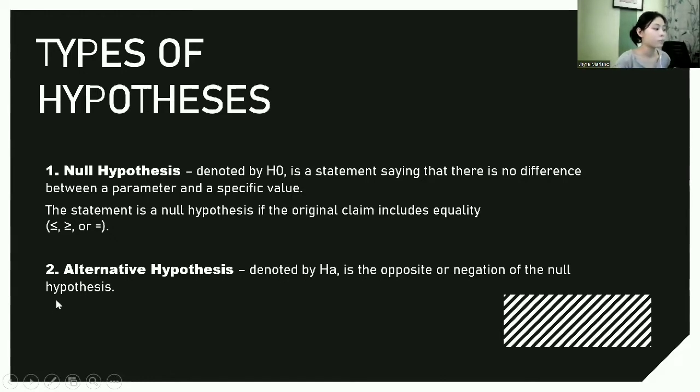So, itong alternative hypothesis, kinokontra niya or sasalungat siya sa sinasabi ng null hypothesis. Sabi dito, it shows a significant difference, change, and effect between a parameter or specific value. Ang symbol naman para sa alternative hypothesis is yung inequality symbol. So, yung not equal to, less than, and greater than.